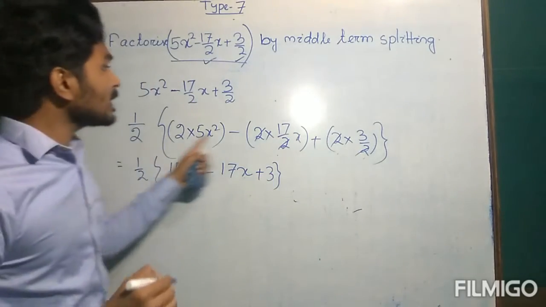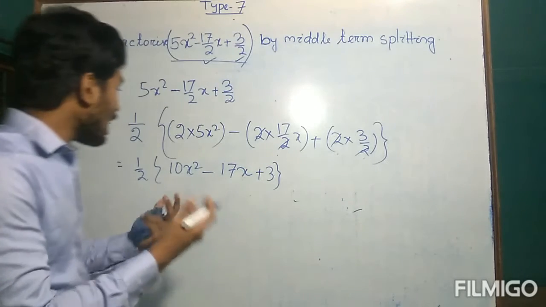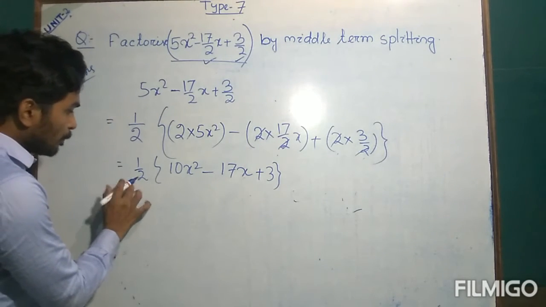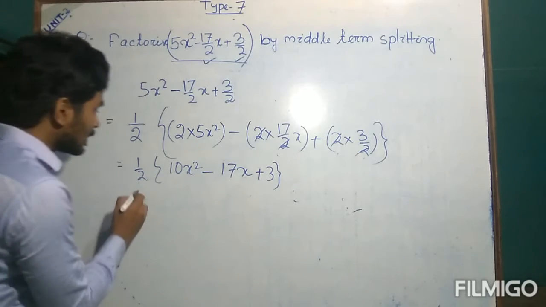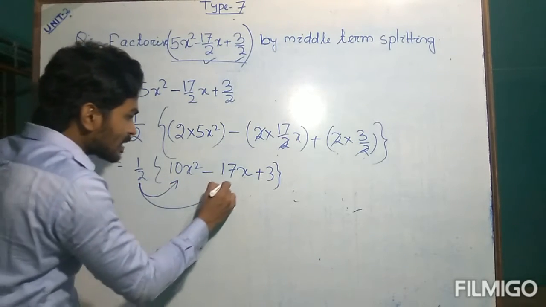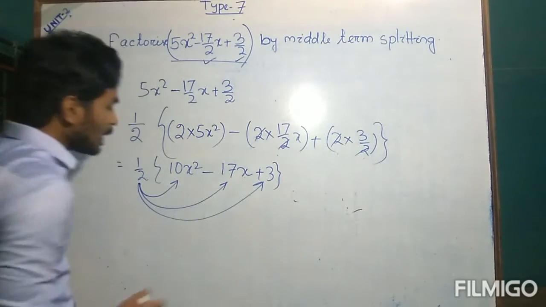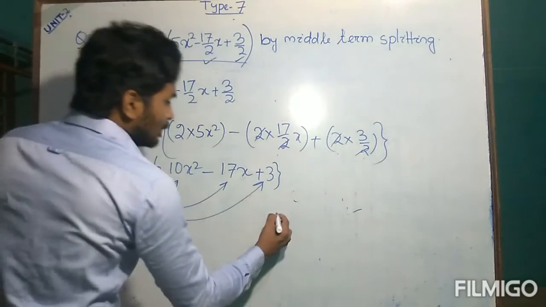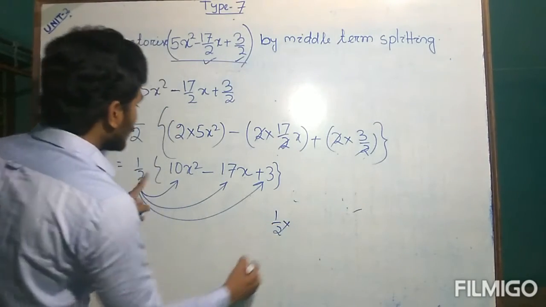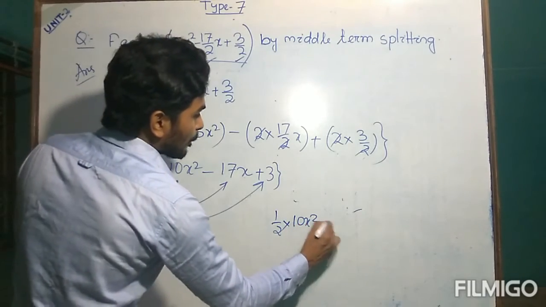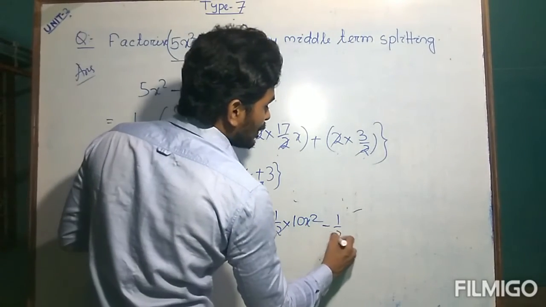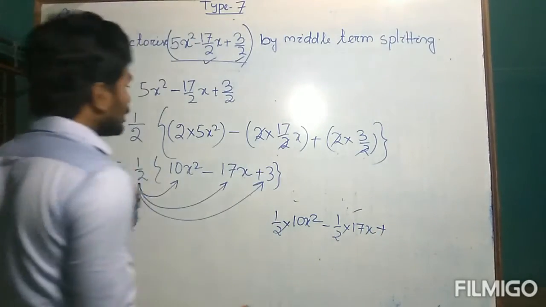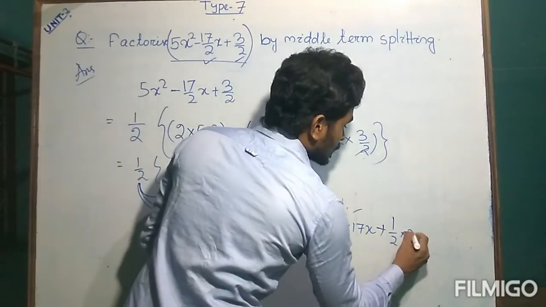Okay, why am I multiplying these by 2? Now let us see why. If you multiply this half with all these three terms, it will multiply using the distributive law. So half is multiplied with 10x square, minus half is multiplied with 17x, plus this half is multiplied with 3.